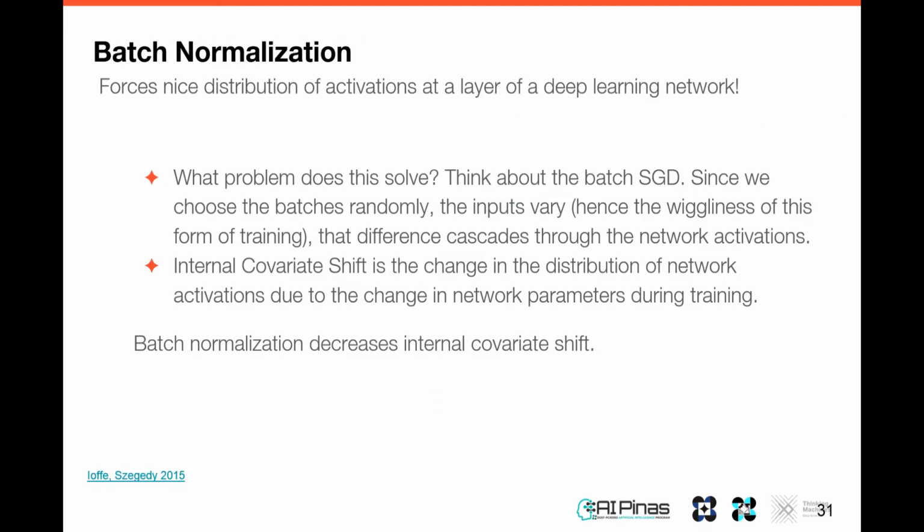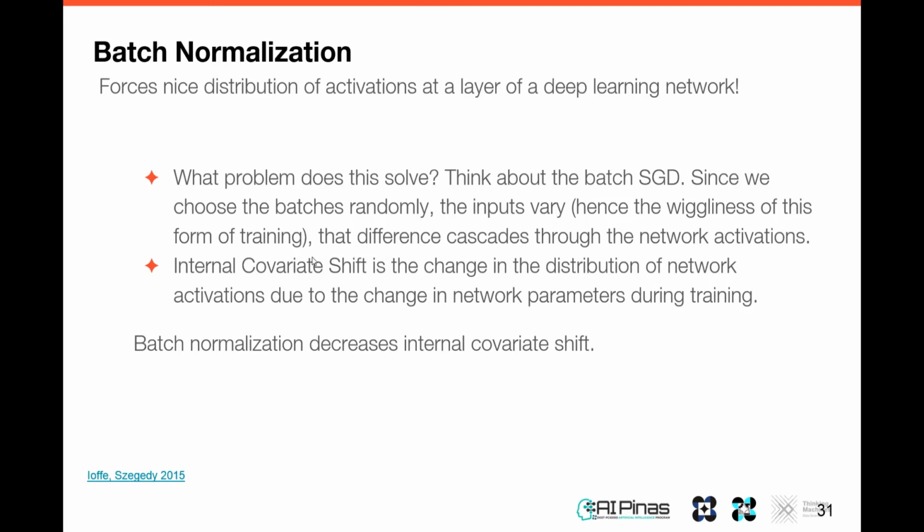Batch normalization then comes in because it forces a nice distribution of activations at every layer of the deep learning network. This paper, linked in the further documentation, is really fantastic and walks you through the math of batch normalization.